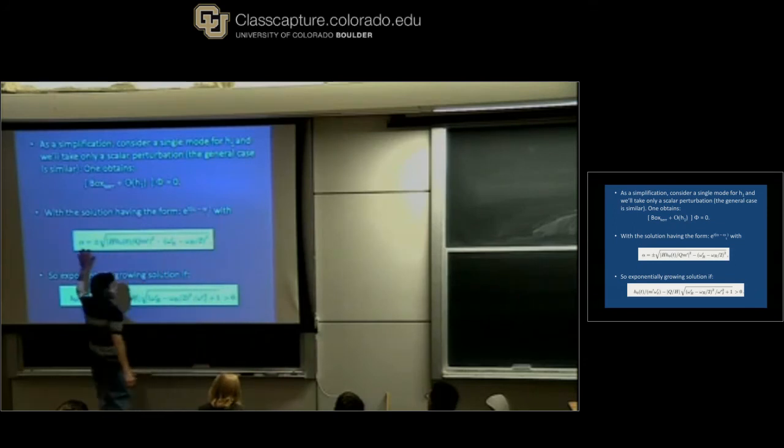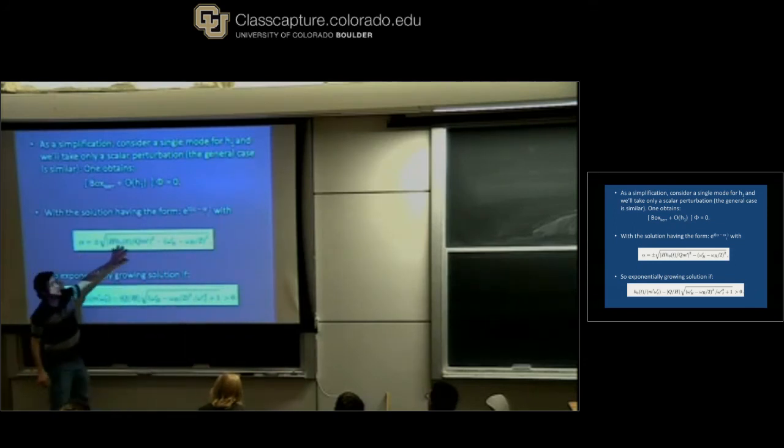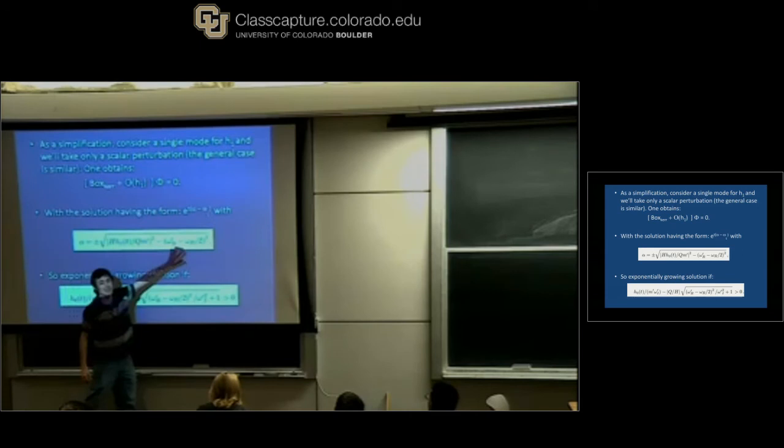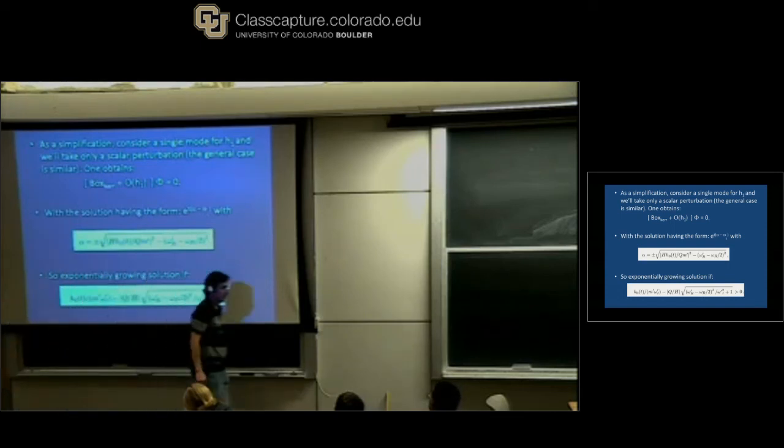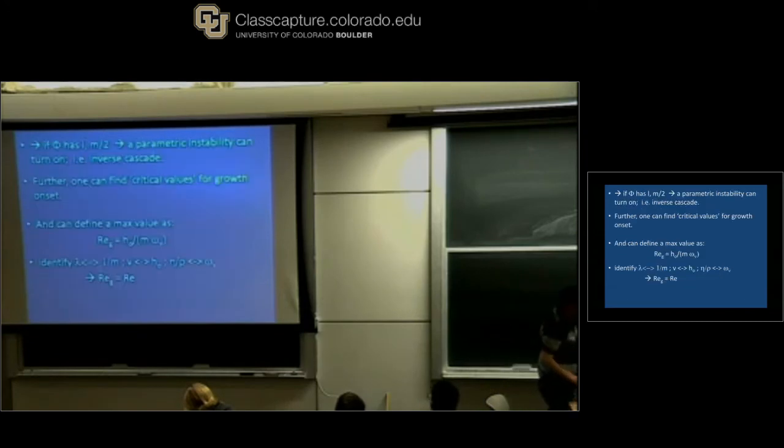Of course, the growth rate is going to be the largest if this term is the largest possible and that term is the smallest possible. Here again you see the 2-to-1 relation of frequencies; that is a requirement. And whenever this happens, you're going to have the blow up at this order. So what does this mean?